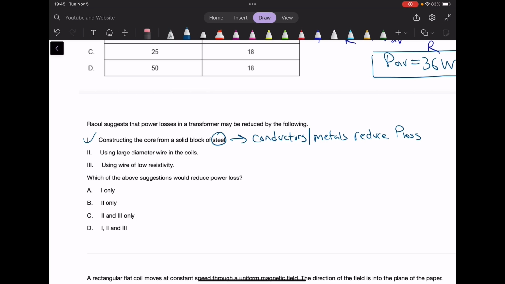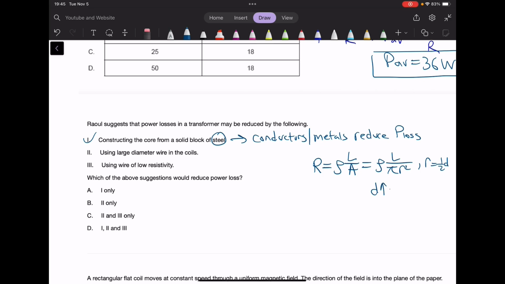If we use a wire with a large diameter, what happens is resistance will decrease. So R is equal to resistivity multiplied by length L over area, and area is equal to pi r squared. r is radius, and radius is equal to a half multiplied by diameter.